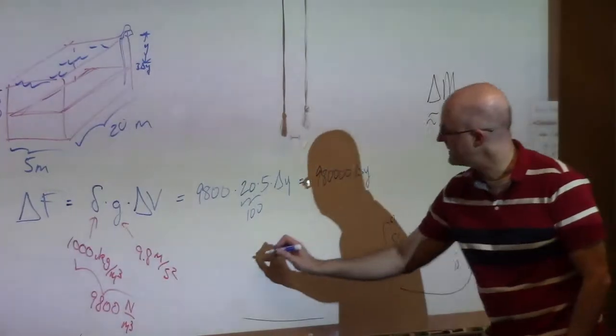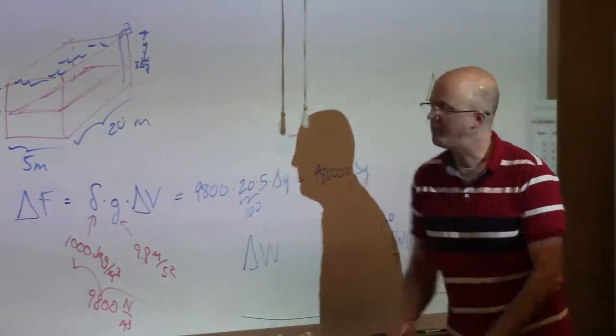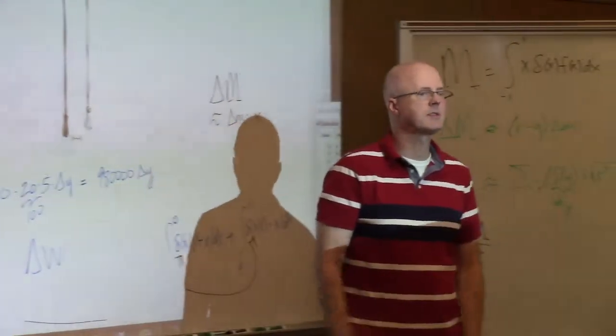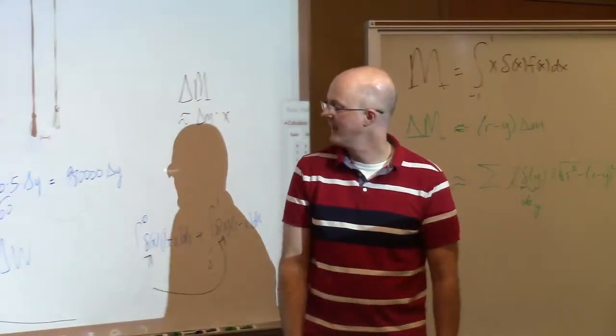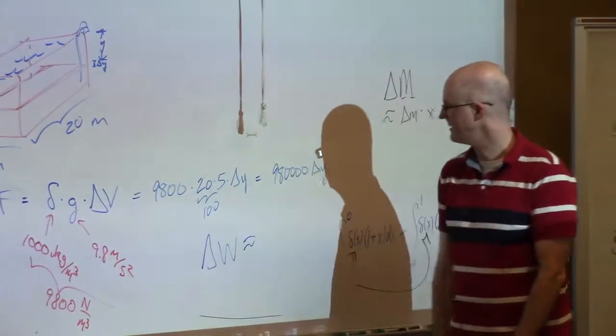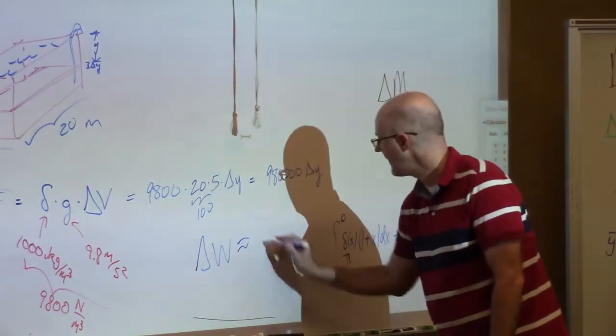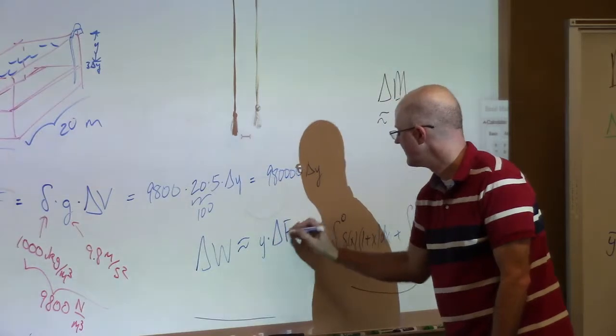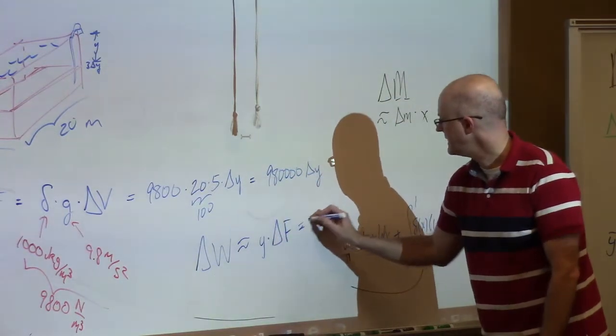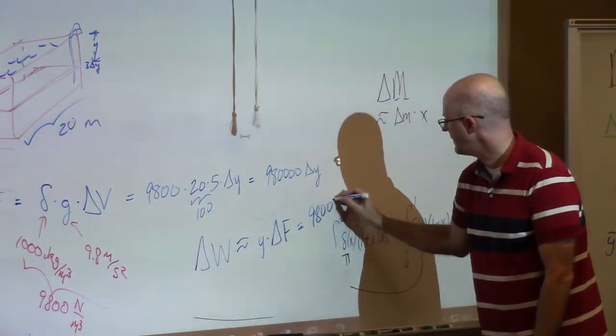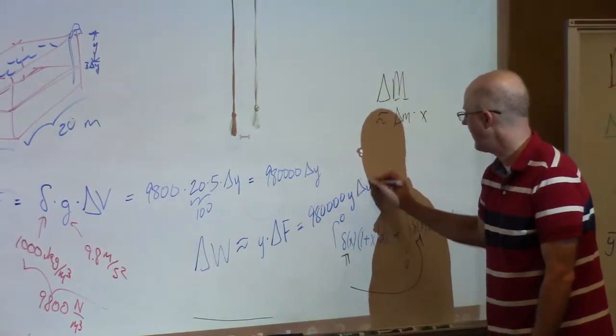What's the approximate work to pump that thin slice of water up to the top of the pool? That's an approximation. Multiply this by y, so y times delta F, ultimately giving you 980,000 y times delta y.